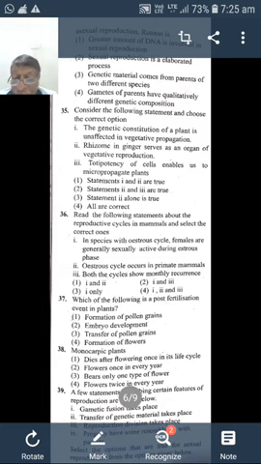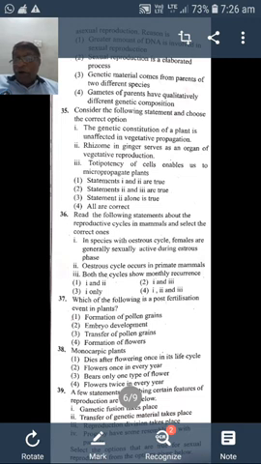In primates, we come across menstrual cycle. Both the cycles show monthly recurrence? No. Estrous cycle does not show it. Only in the menstrual cycle there is a monthly cycle. The answer is the third one. That is the answer.